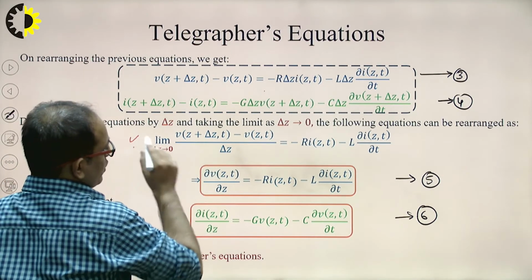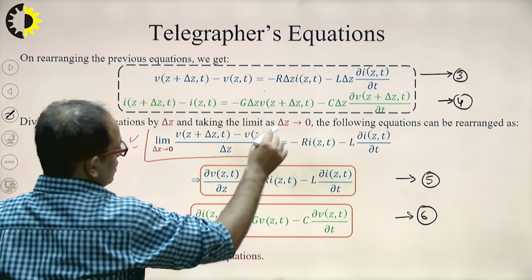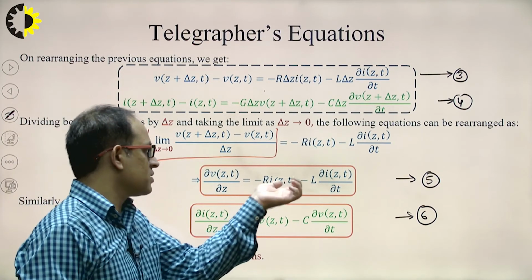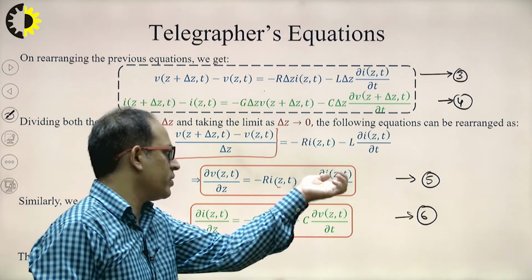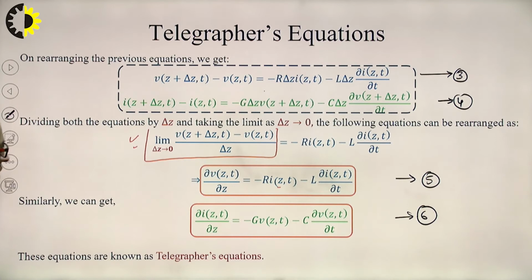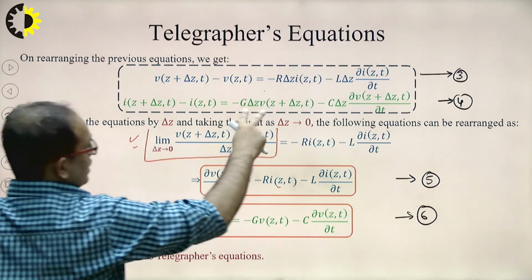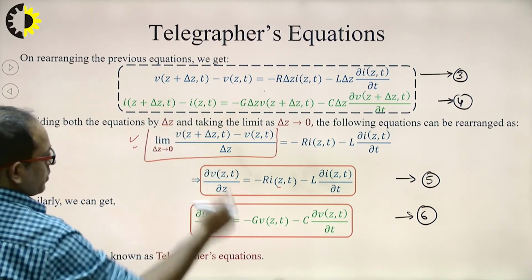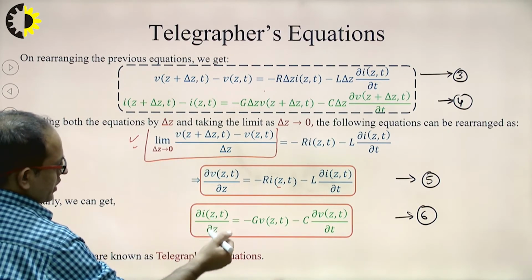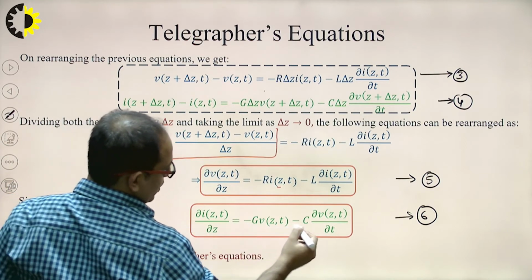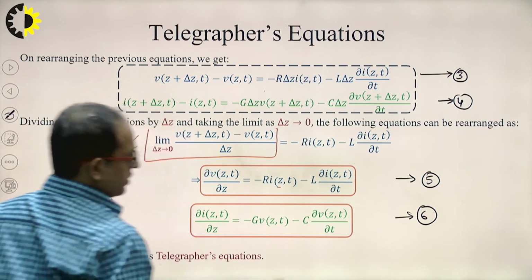Delta V by delta z will be equal to minus of R I of z comma t minus L into delta I by delta t. Similarly, on taking delta z common to this side, delta I of z comma t divided by delta z will be equal to minus G into V of z comma t minus C into del V by del t.